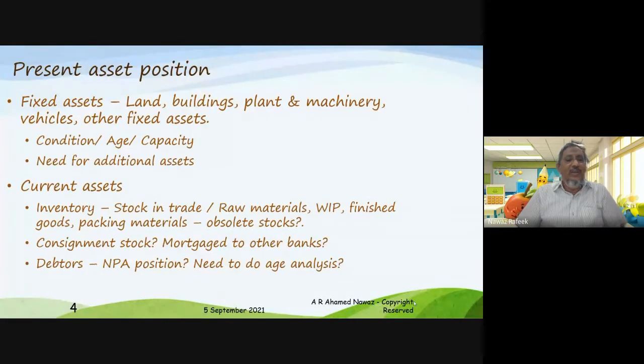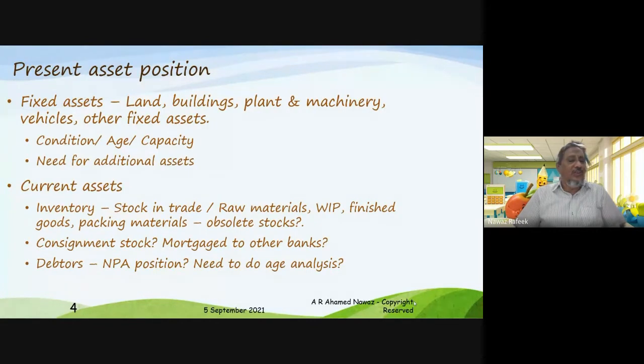So check inventory, stock in trade for trading organizations. Trading organization, stock in trade. Take a valuation of stock. We'll discuss in detail how to conduct this inspection. Raw material, work in progress, finished goods, packing material are for manufacturing organizations.